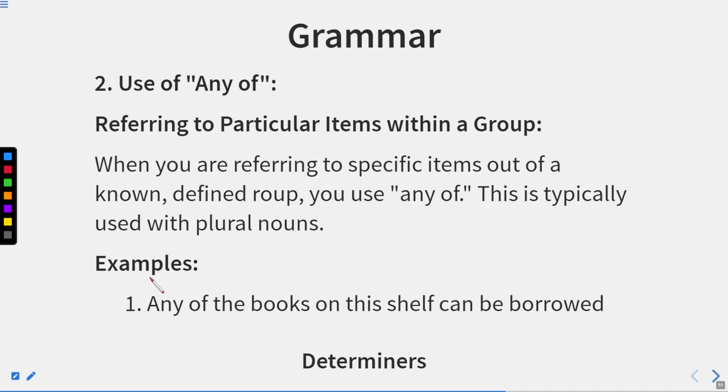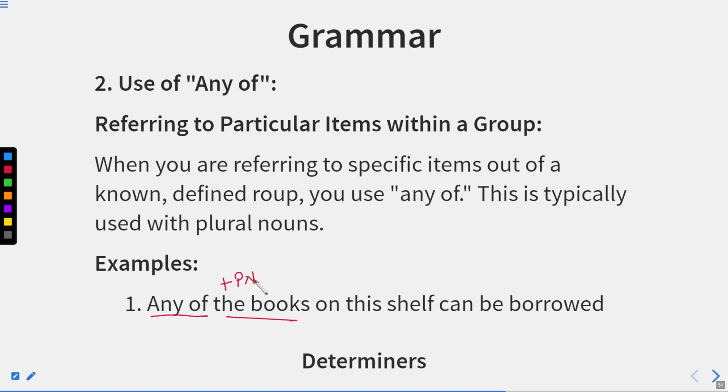Any of the books. Now, here you can see any of, after that, the books. Now, this is very important. After any of, we should only use plural nouns. Because if we are using any of, it makes the part, and of will be taken from a particular part which is larger in amount.